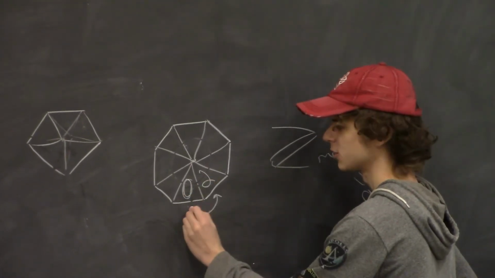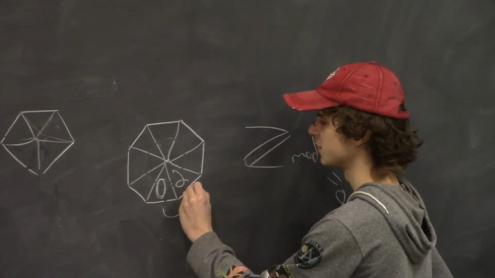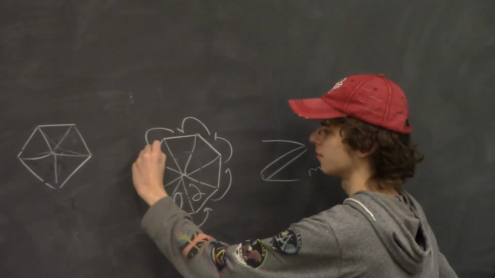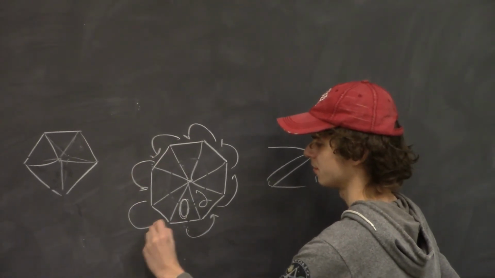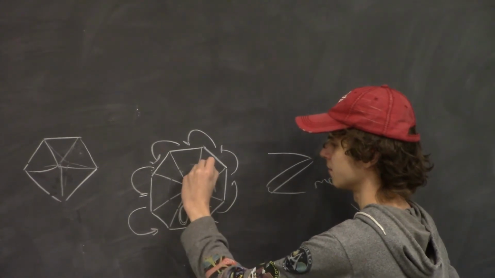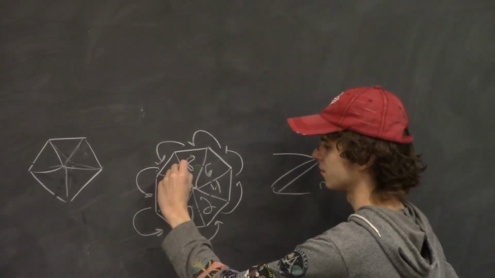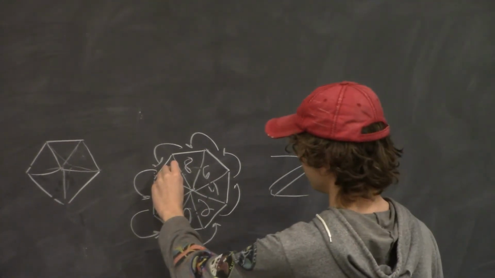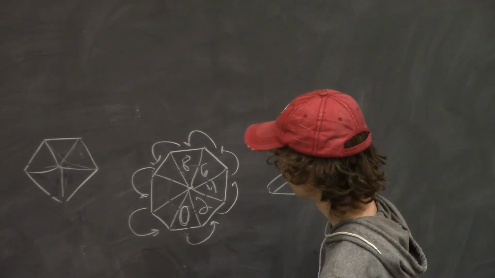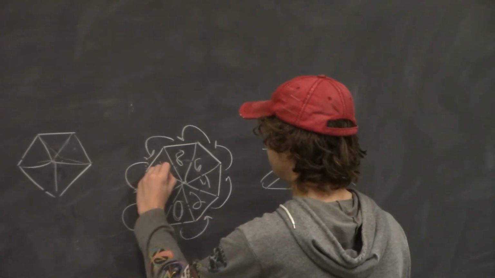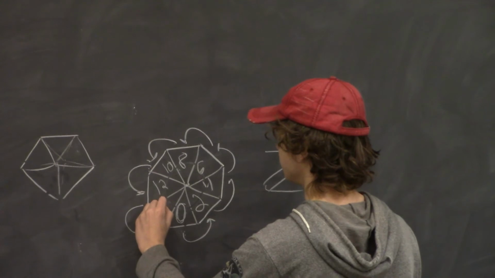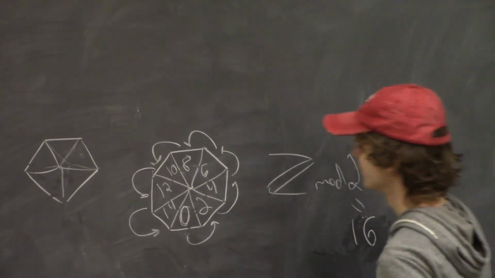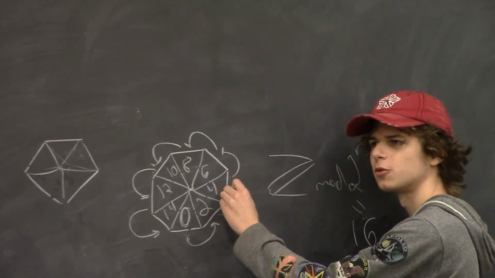we can associate this face with this symmetry. So all the multiples of this face are all the multiples of this symmetry. So then, what are the multiples of 4?